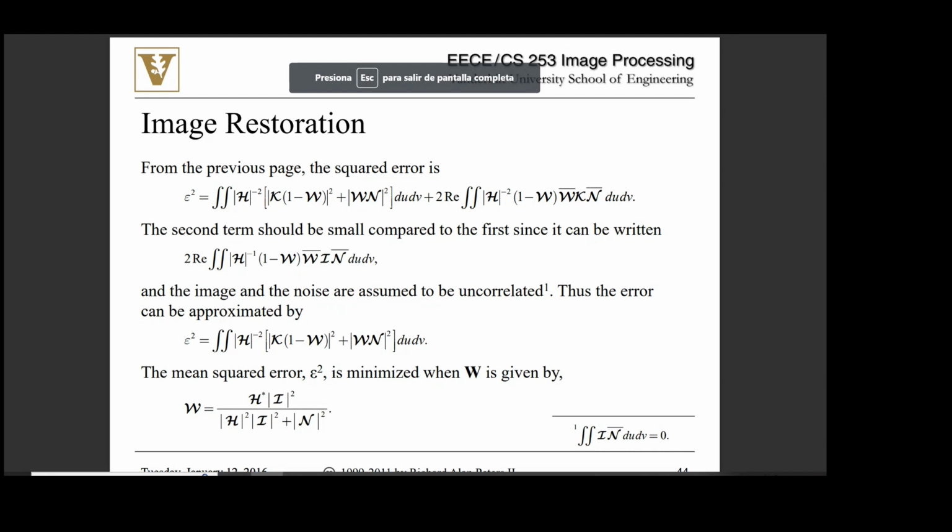Okay, so now, again, the details are not shown here. How do I find the best filter? Okay, so let me write this again.